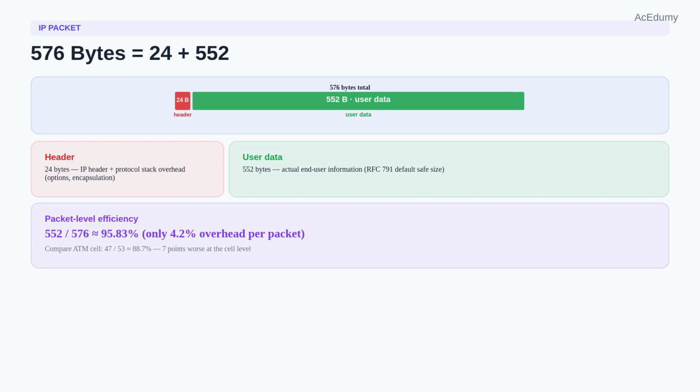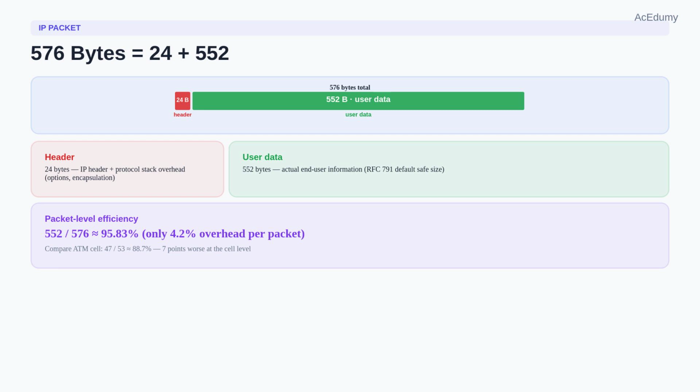Historically, the minimum reassembly size from RFC 791, the default safe packet size for IP over wide area links. Of those 576 bytes, 24 bytes are protocol header, 20 bytes of standard IP header, plus a small allowance for options or upper layer encapsulation, and 552 bytes carry actual user data.